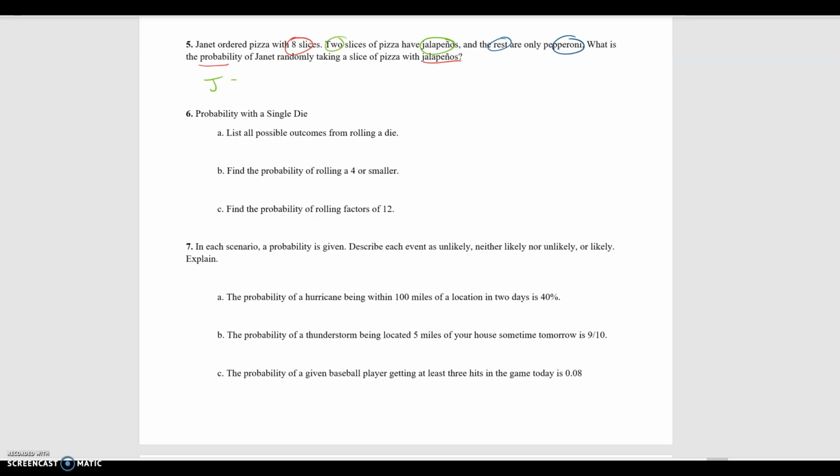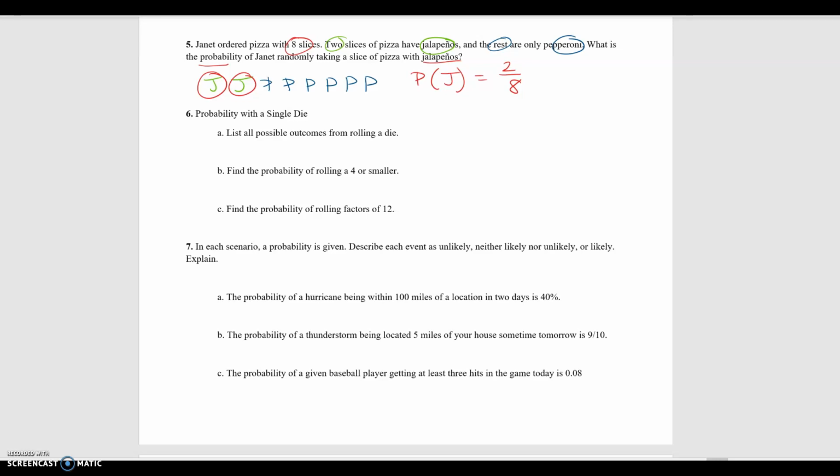So I have a jalapeno and a jalapeno, so that's 2 of them. And the rest are pepperoni. So pepperoni, and I need a total of 8. So 1, 2, 3, 4, 5, 6, 7, 8. Okay, so I want the probability of a jalapeno. So there's 2 jalapenos out of 1, 2, 3, 4, 5, 6, 7, 8. Out of 8, okay? So 2 out of every 8 slices would be jalapeno.